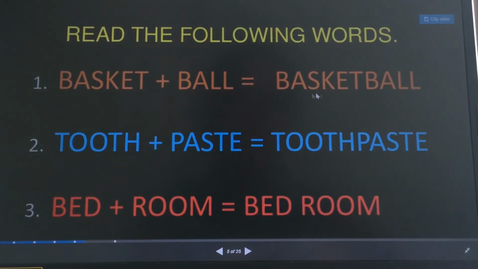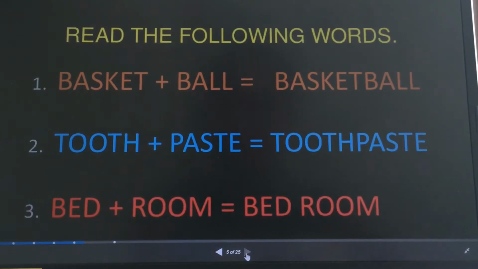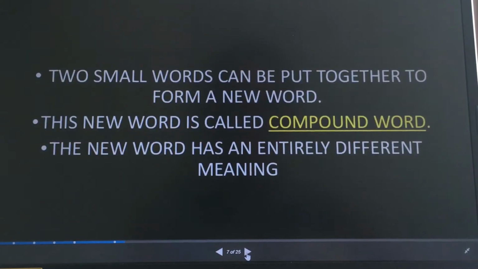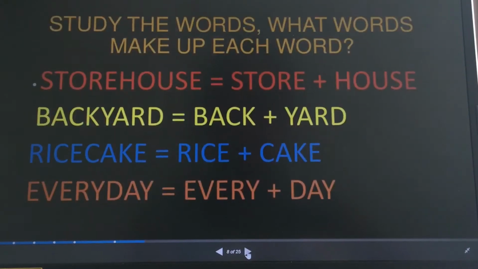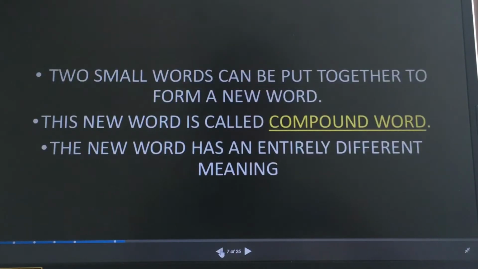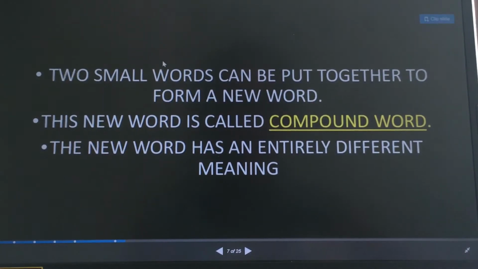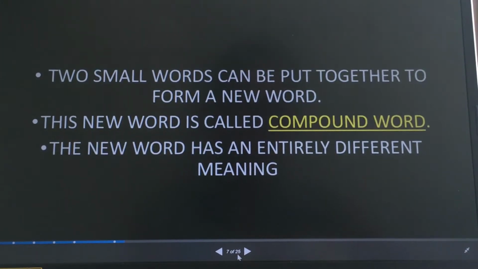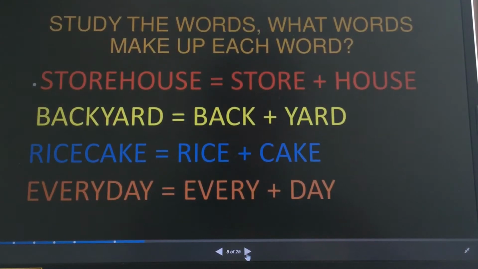But it also has a different meaning. Got it, class? Compound words are two small words that we put together to form a new word, and that new word is called a compound word.